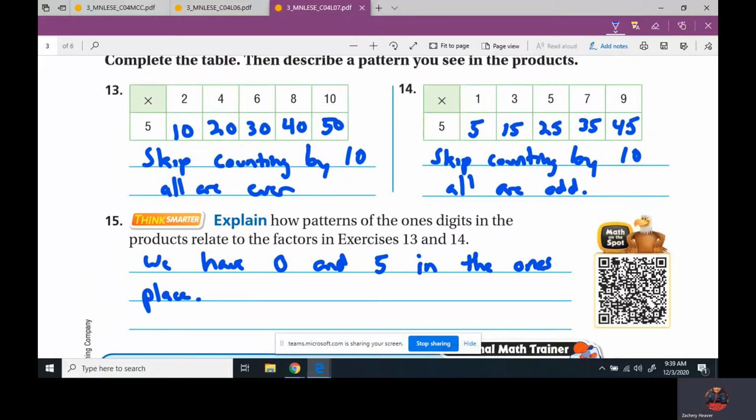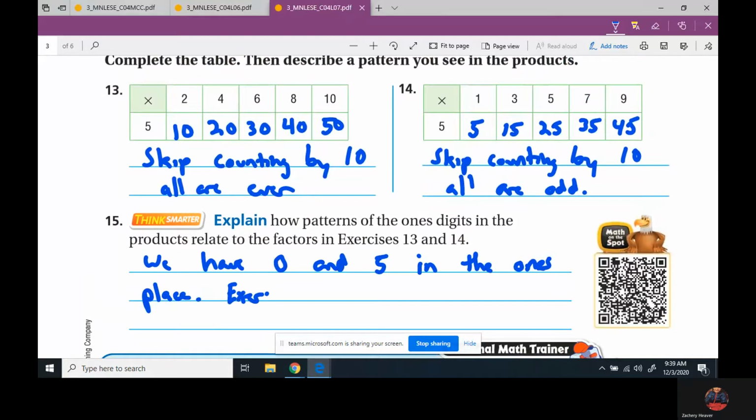So we have zeros and 5s. We have zeros over here in the ones place for the products and 5s over here. How do they relate to the factors? And we talked about it.